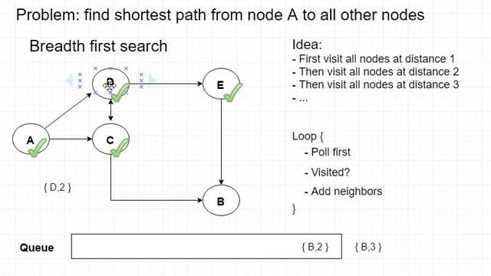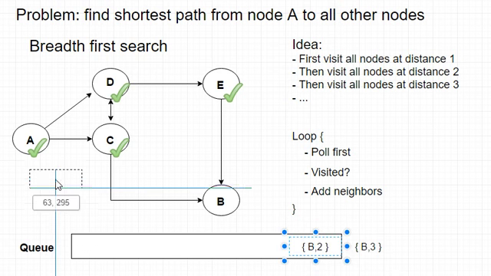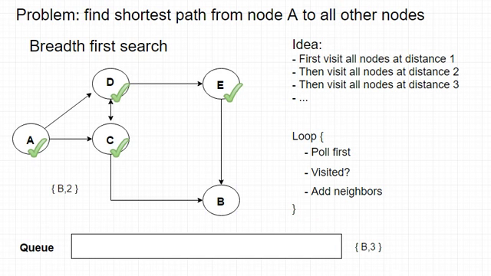Have we visited D before? Well, yes, we have, so we will do nothing. Just pull the next item from the queue. Have we visited B before? We have not, so we will visit it, mark it as visited, and we also learned that the shortest path to B is 2 steps.